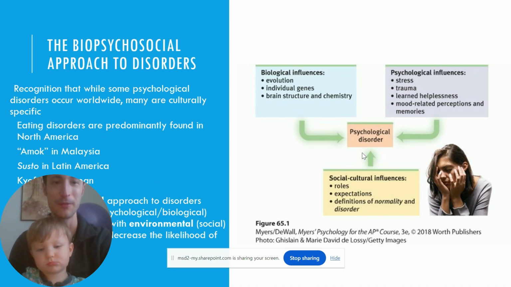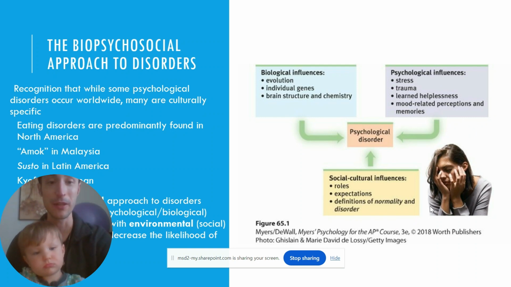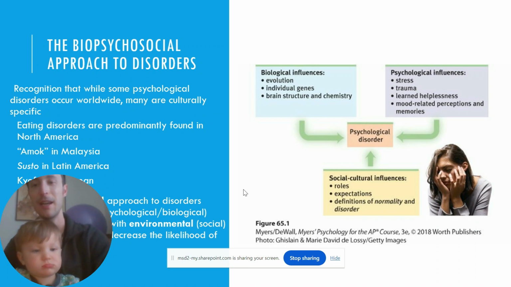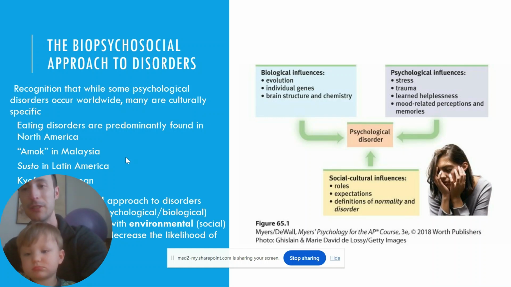That is an example of sociocultural, but the biopsychosocial model is this combination of psychological disorders being biologically explained through individual genes, brain structure, family history, psychological through response to the environment internally, usually cognitively, and then also through social cultural influences, which have to do with the society you live in, roles, expectations, the definitions of normality and disorder, the particular environment of the social cultural situation that you find yourself in. So those are things that psychologists are always trying to take into account when diagnosing and treating mental illness.